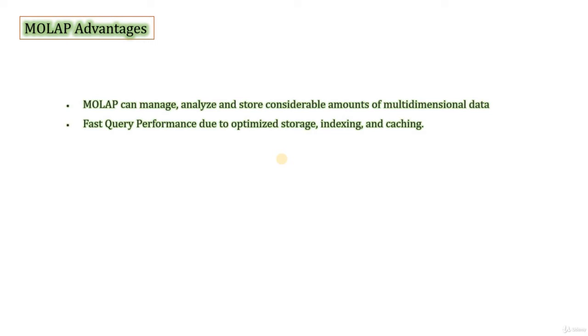As I explained, the data retrieved from the query is fast because storage is optimized and data columns are indexed for better performance. The next advantage of MOLAP is smaller data sizes as compared to the relational database. Since the data being stored is multidimensional, smaller sets of data are stored at the different levels.